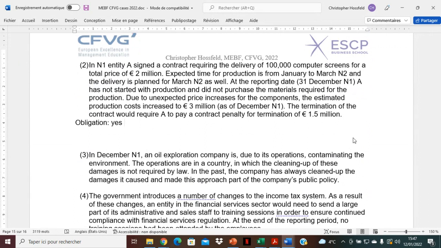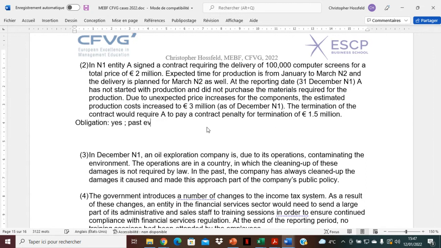Because either I need to deliver the products, and if I do this, I have production cost of 3 million, but I will get only 2 million. That means when I execute the contract, I will lose 1 million. I could also terminate the contract, but if I terminate the contract, I have to pay a penalty of 1.5 million. So yes, I do have an obligation.